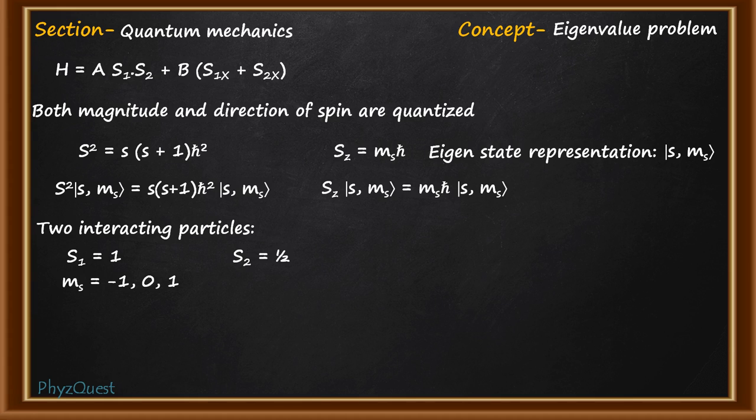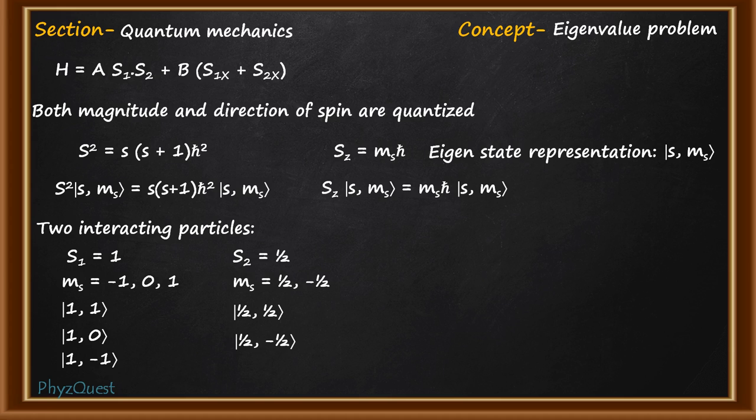In terms of eigenstates, for the first particle it will be |1,1>, |1,0>, |1,-1>. Here the value of s is 1, which remains the same, only the ms value is changing. So this is the eigenstate representation for the first particle. Similarly, for the second particle, ms is equal to plus half and minus half, and the eigenstates will be |1/2, 1/2> and |1/2, -1/2>.